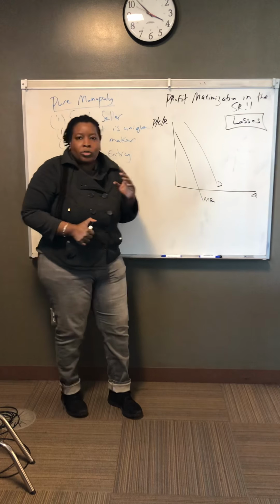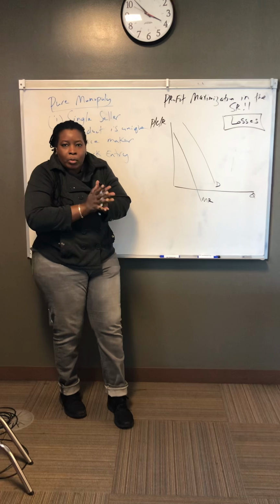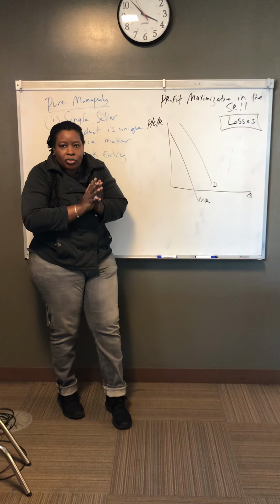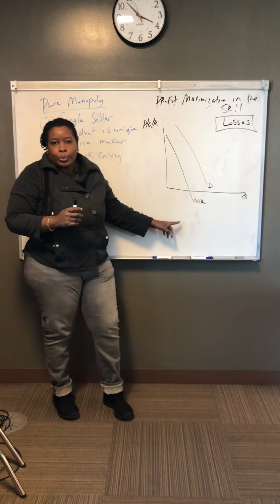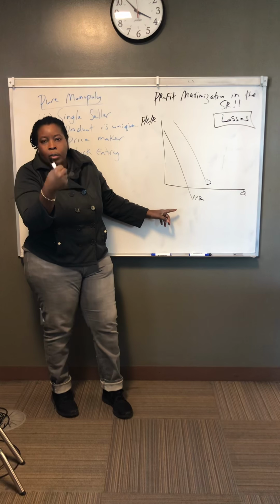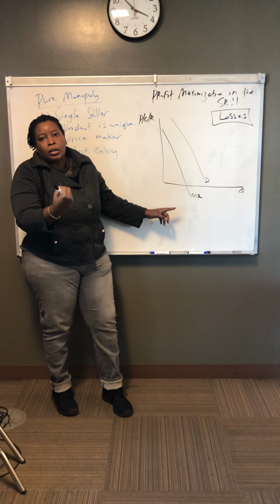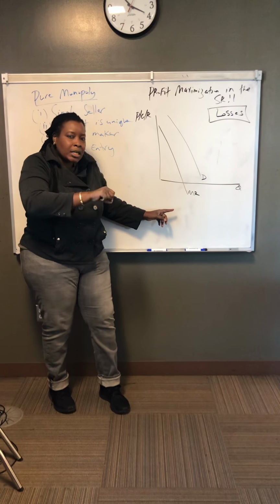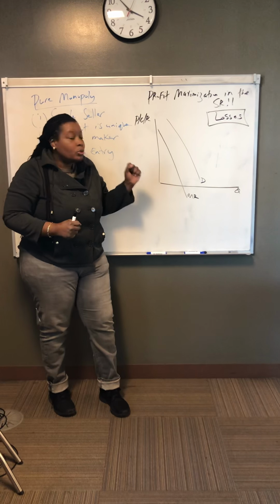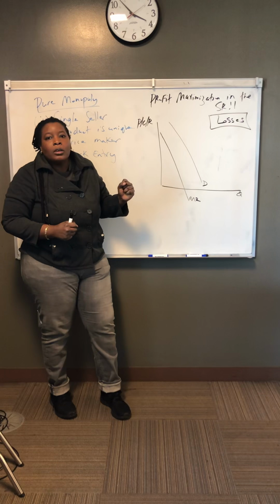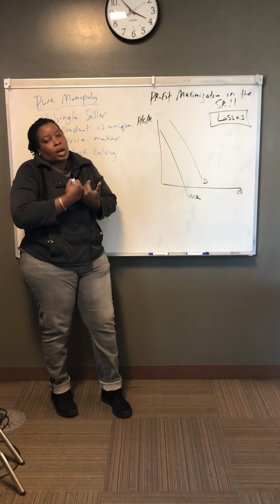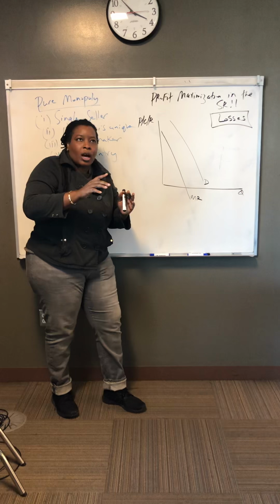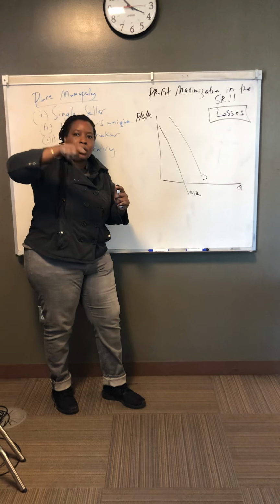Now, here's the trick. Again, when you're reading your multiple choice questions and you're drawing these graphs, we have the story of revenue: how much money the firm earns when they sell the good. If you want to figure out if they're making money or losing money, you need the story of cost. And you summarize cost with the average cost curve. The average cost curve is that U-shaped curve.